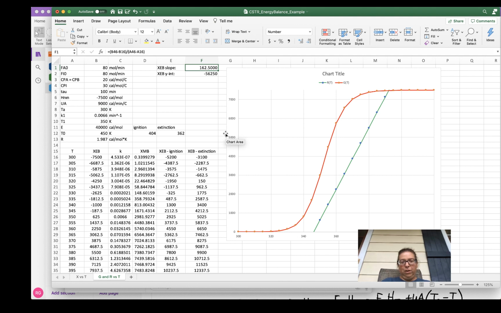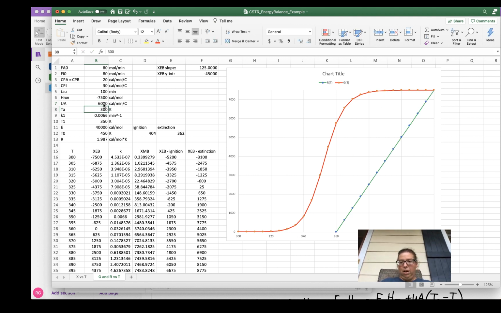Now I have a slope of 162.5. So I'm basically rotating that R of T term so that it's becoming more and more perpendicular. And then if I decrease the heat exchanger term, then I get a smaller slope. So I'm flattening out that line.